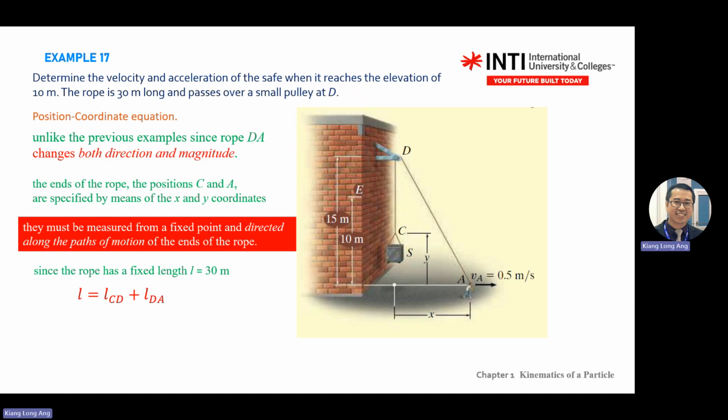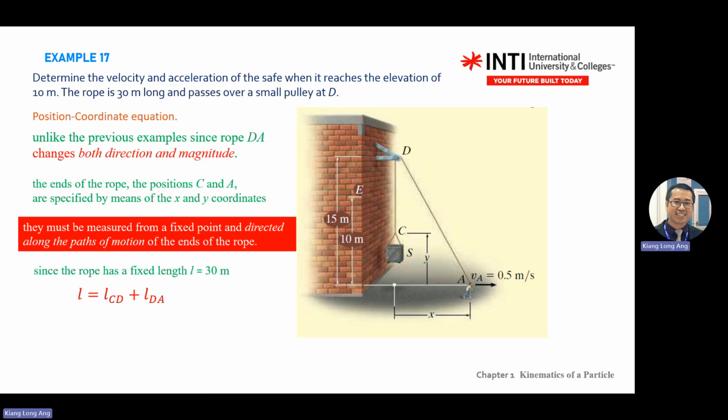It's like you reverse back. Previously, we added all the segments; this time it gives you a total length. So you need to think how to get the total length of the rope from the trigonometry diagram. Total length, you take this length plus this length: LCD plus LDA gives you the total length.